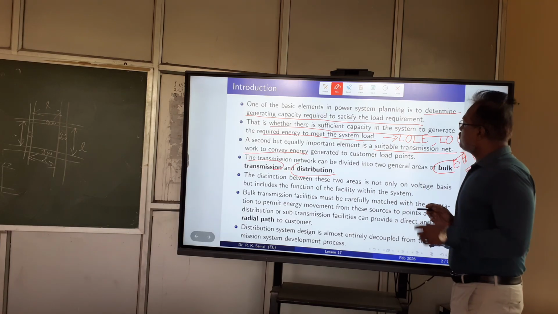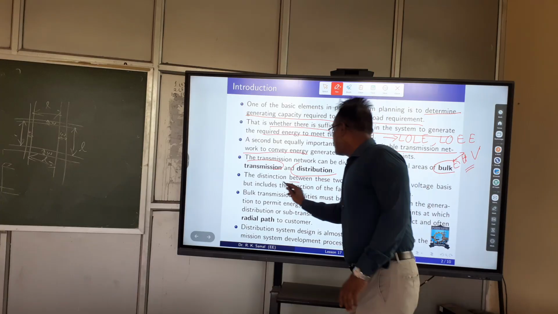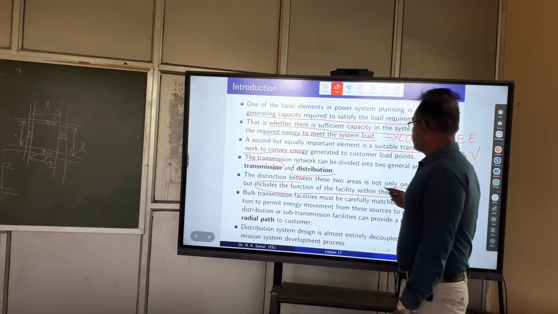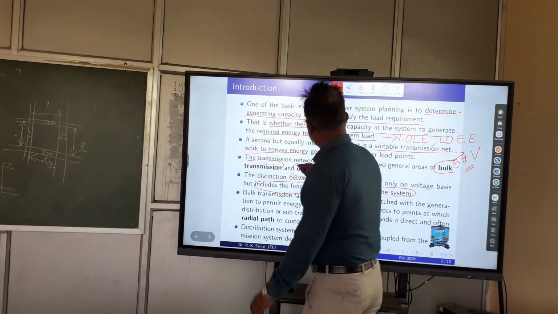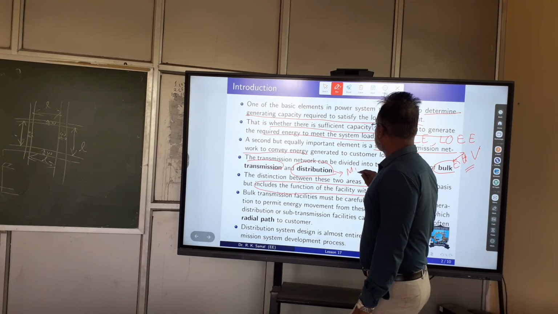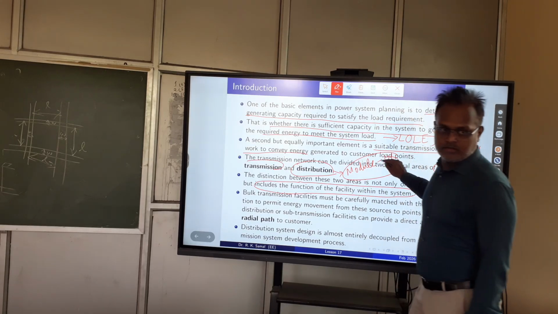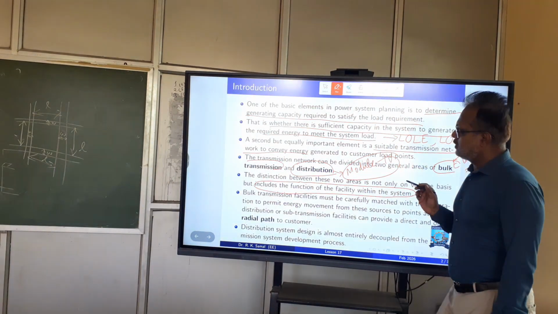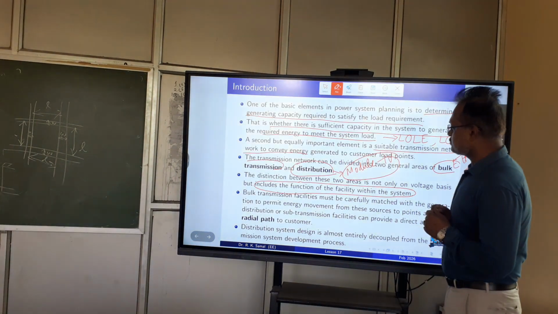The distinction between these two areas is not only on voltage basis but also includes the function of the facility within the system. So distribution will be part of module 4. In module 4 we will see distribution. In this module, a small part, we are focusing on transmission.